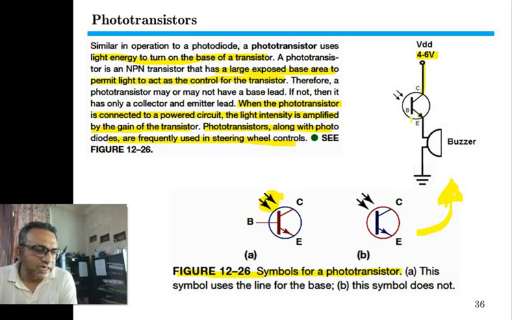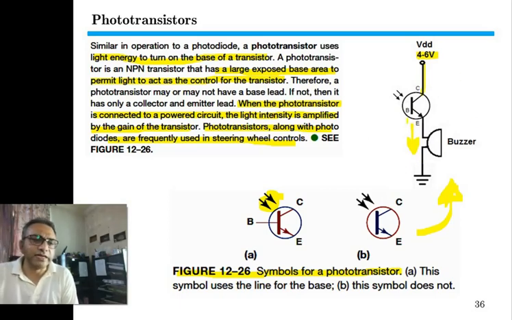The base is left open. It is the place where the light will fall. The light will fall on the base, and the emitter is connected to a buzzer. This buzzer will produce a sound if it has current flowing into it. So when there is current flowing into the buzzer, it will produce a sound.